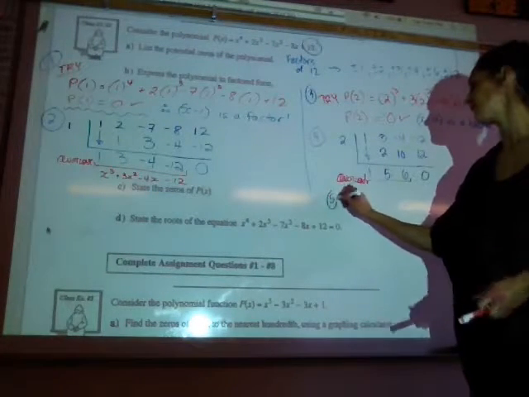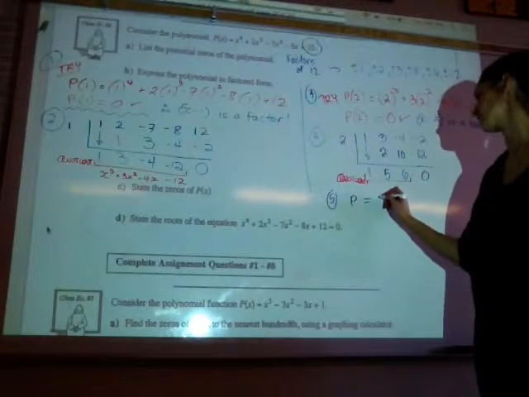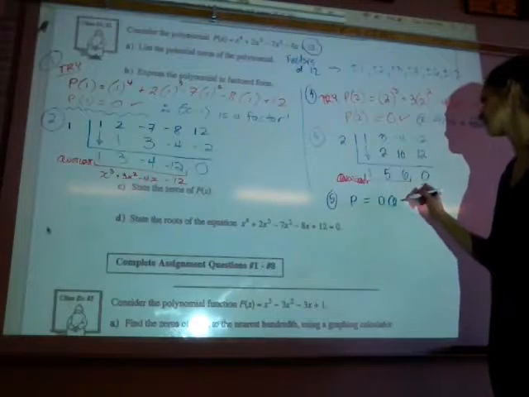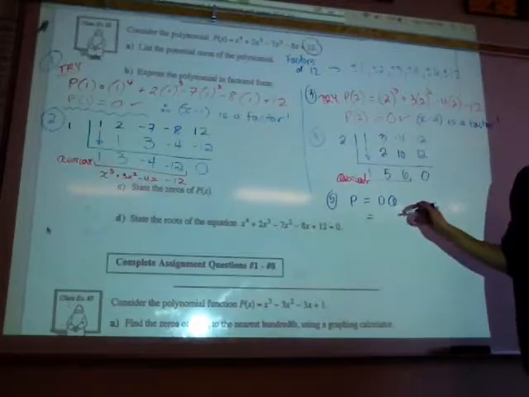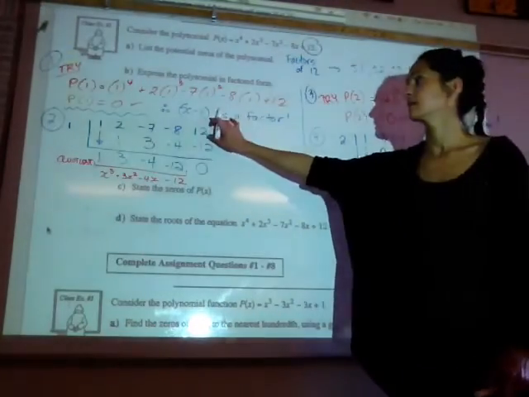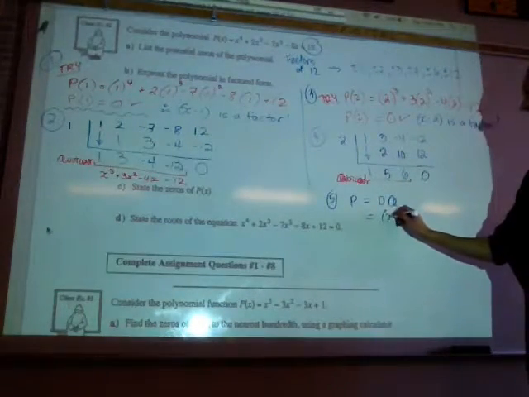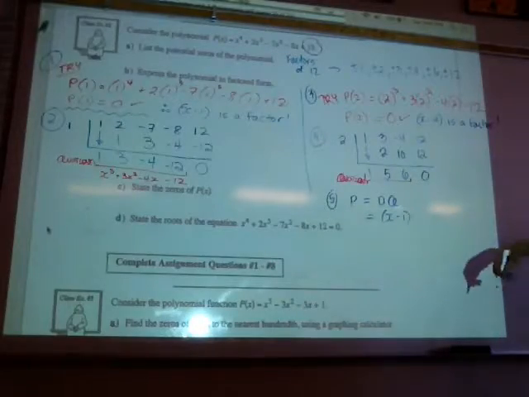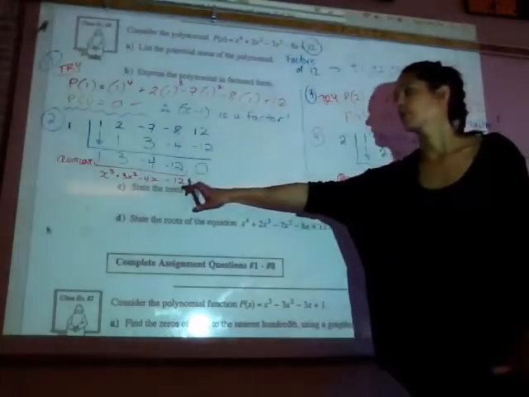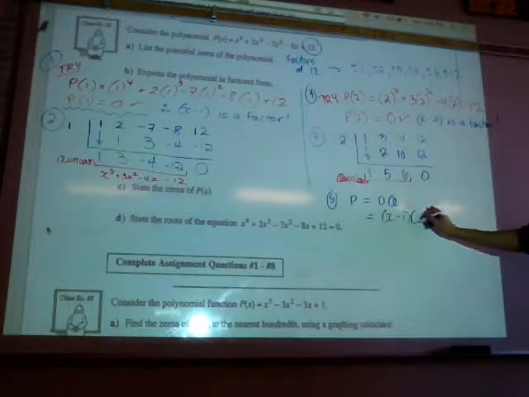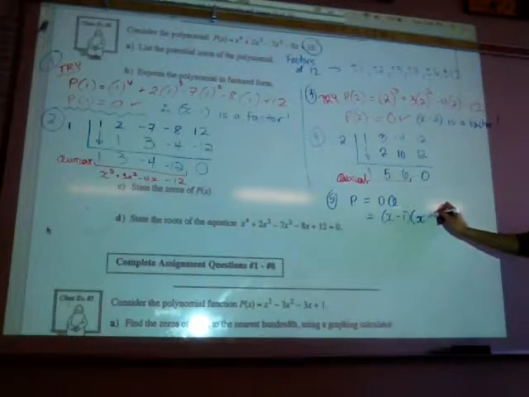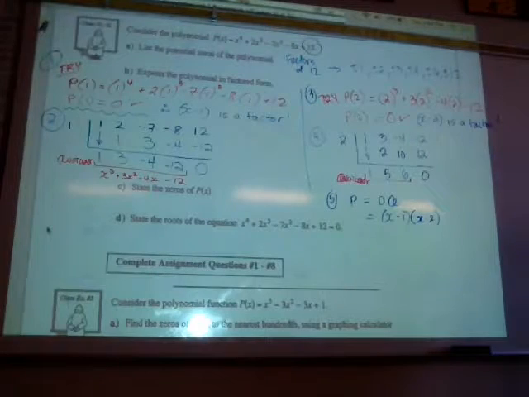So step 5, maybe let's just write out what we have so far. Divisor times our quotient. Okay, we figured out our first factor was x minus 1. Okay, and then we ended up with a quotient of this, but we broke it down further and realized that x minus 2 was also a factor.